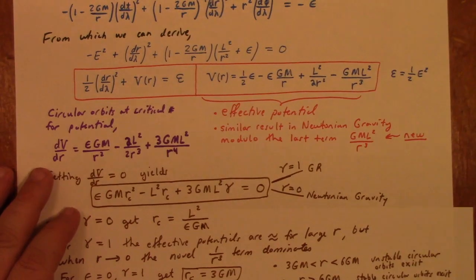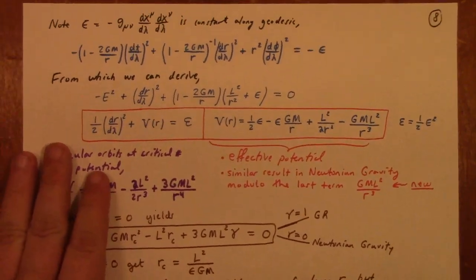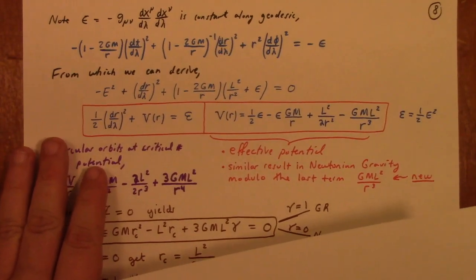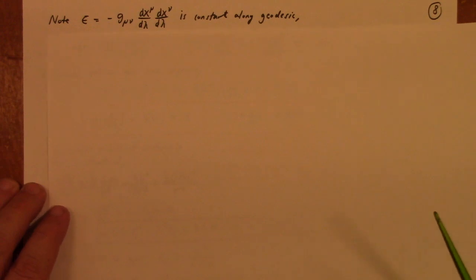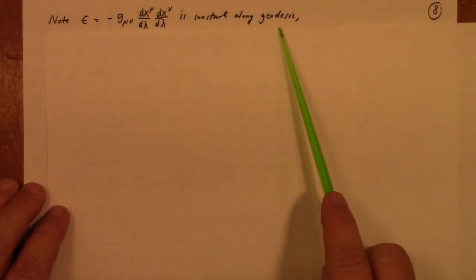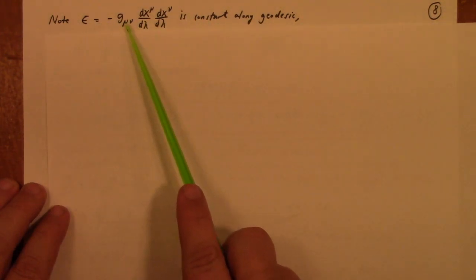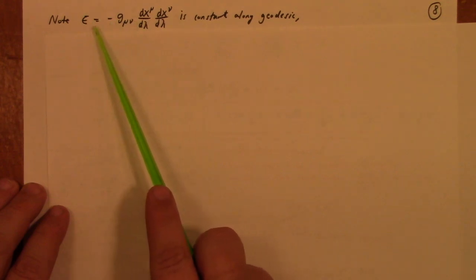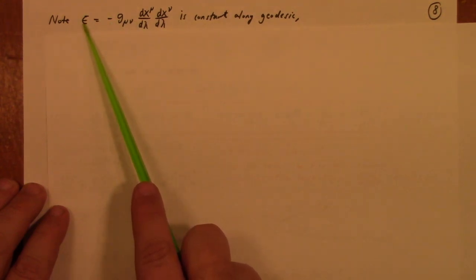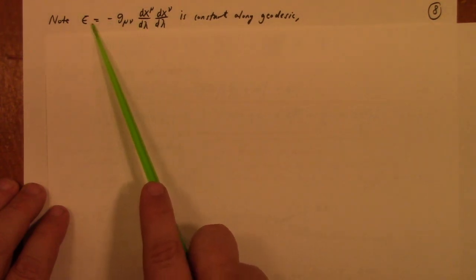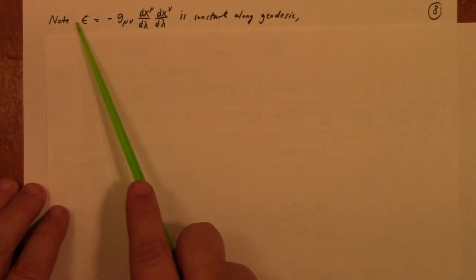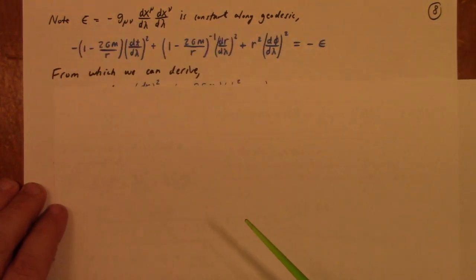In particular, you can also look at, I should mention, this is also something that's constant along a geodesic, right? So depending on whether you've got space-like, time-like, or null, for a null curve this is 0, so if you're along a null geodesic, then this thing is 0 along your curve.